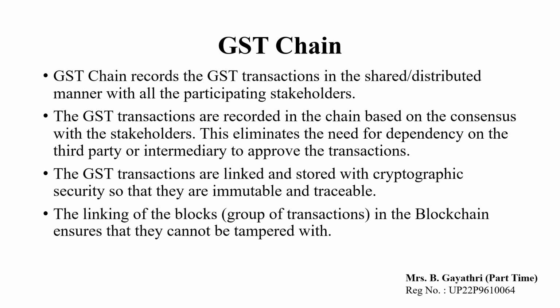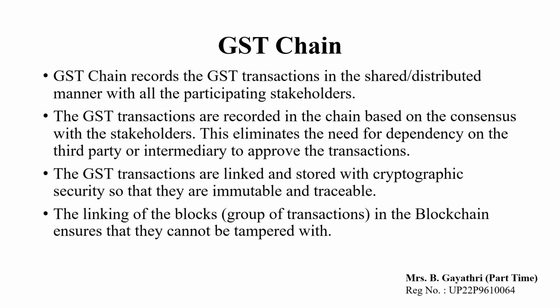These GST transactions are recorded in a chain based on the consensus with the stakeholders. Here the persons who validate the particular block are the stakeholders. Whoever is the stakeholder, they only validate that particular record. So there is no third party intermediation in that. So easily the transaction can be approved also because there is no intermediary third party.